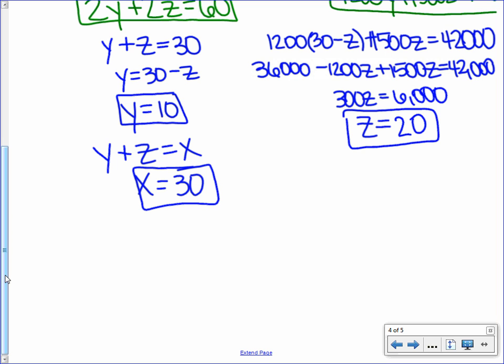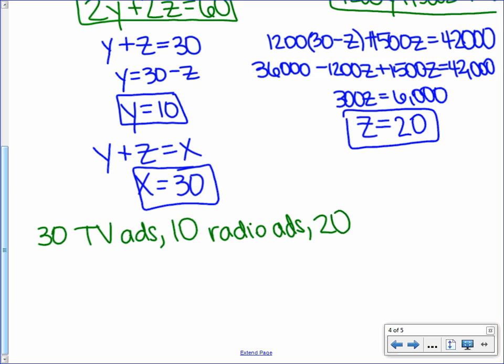Read the problem. What do they want to know? 30 TV ads, 10 radio, and 20 newspaper.